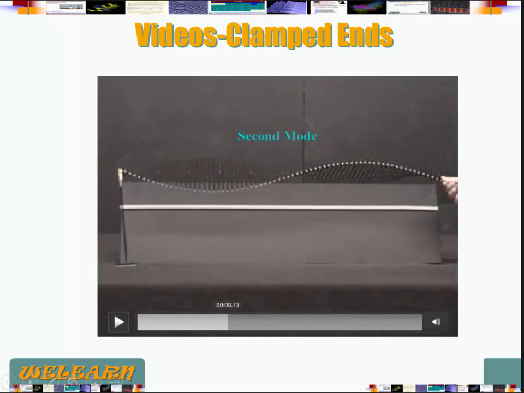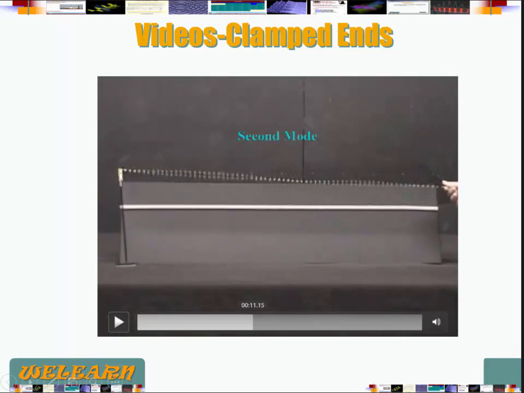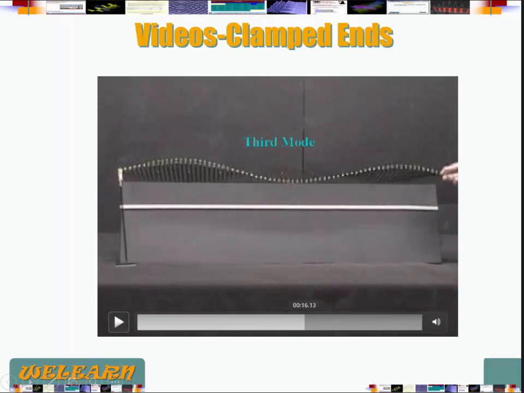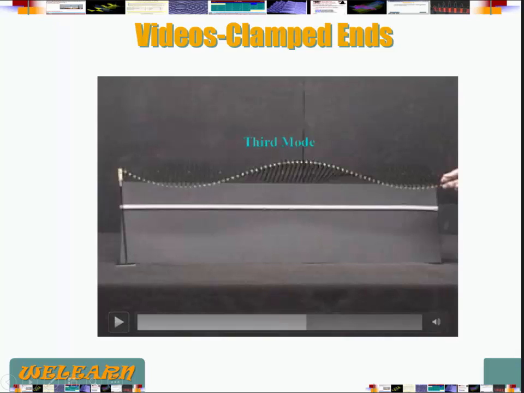Now for the third mode, third harmonic, we are going to have two nodes in the middle and two nodes at the end. So we have three antinodes in the middle, or three segments altogether.